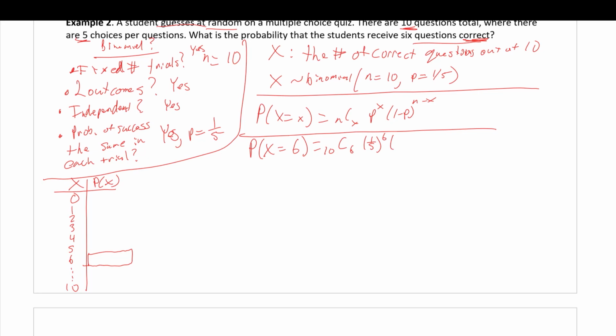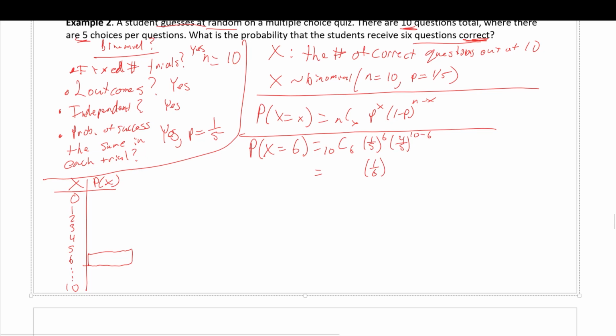The complement of 1/5 is 4/5. And then 10 minus 6. So you'll see that this is 1/5 to the 6th, 4/5 to the 4th. These two powers have to add up to 10 because we have 6 correct, 4 wrong answers.